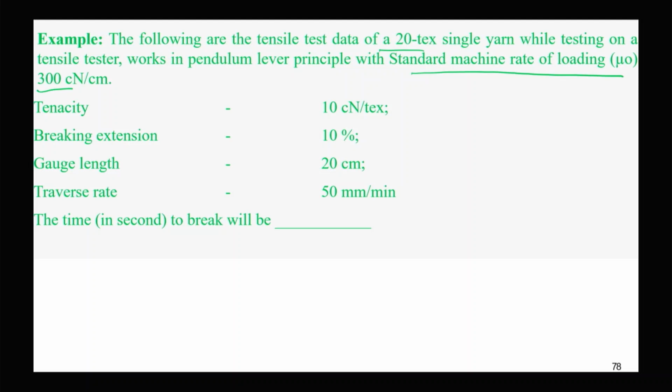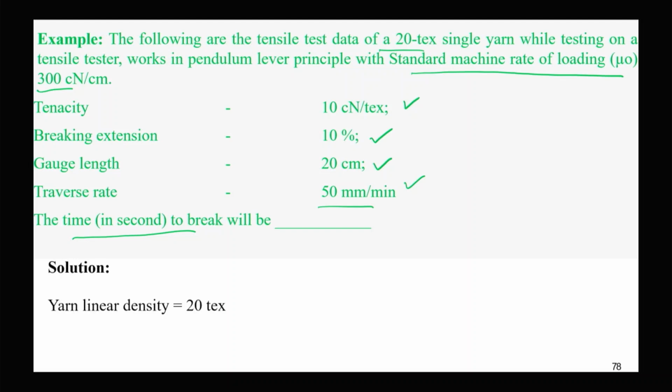Now the tenacity of the material is given 10 centinewton per tex. Breaking extension is given, gauge length is given, traverse rate, that means traverse rate of the bottom jaw, which is moving at constant rate, and time to break we have to calculate. So rate of breaking extension is also given.